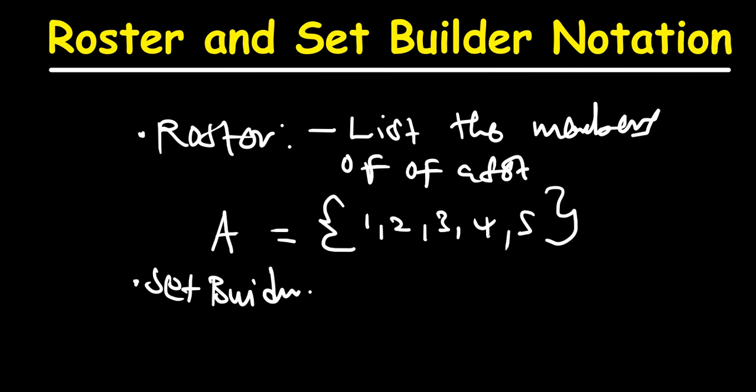So for example, we can convert this same set A that we had in roster form to set builder notation. We can describe this set using a rule.